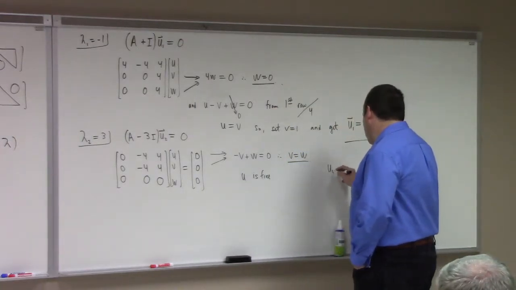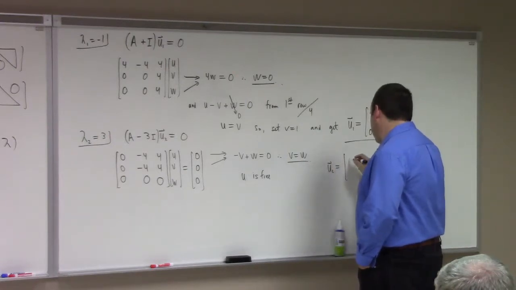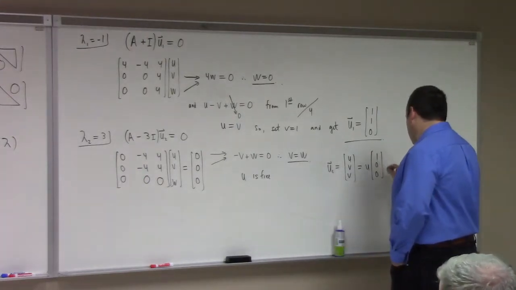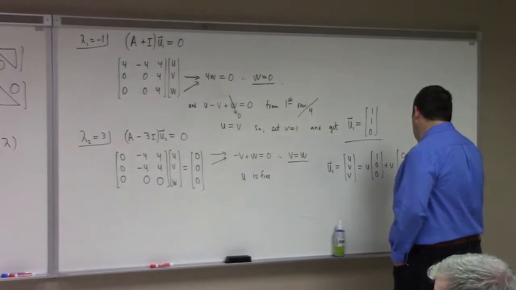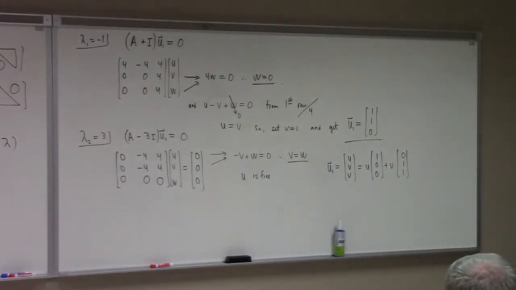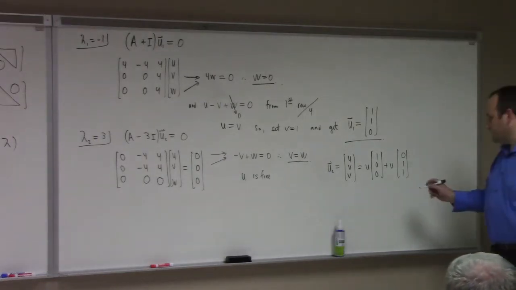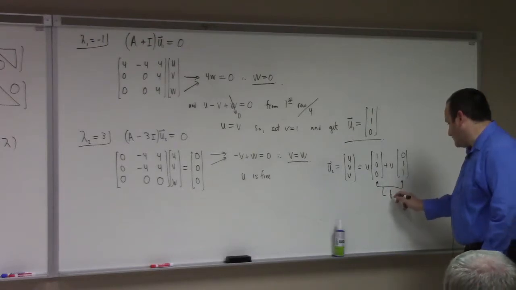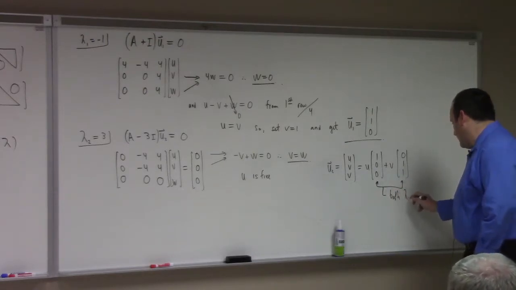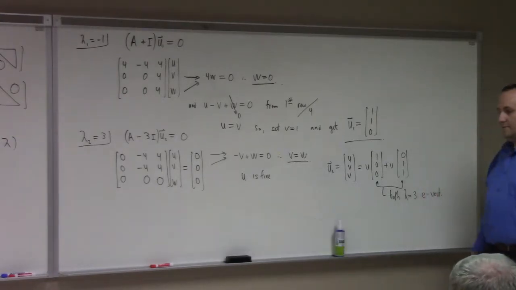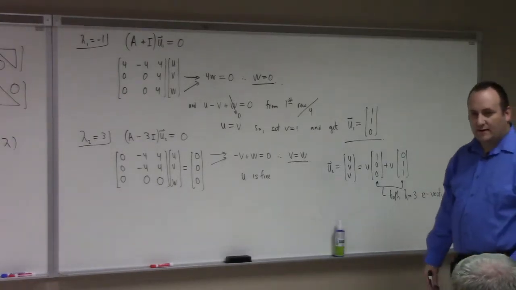So U2 is U, V, V, which we can rewrite as U times 1, 0, 0 plus V times 0, 1, 1. Congratulations, you just found the basis for the null space, whatever that means. But, of course, these are both lambda equals 3 eigenvectors. And now I have enough information, I can write down the general solution.